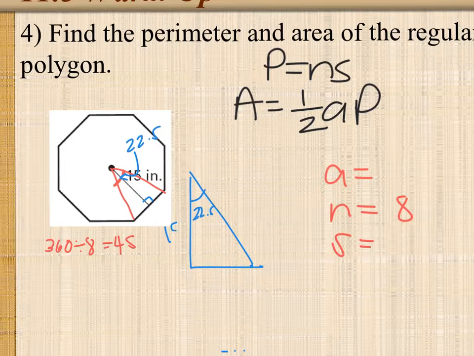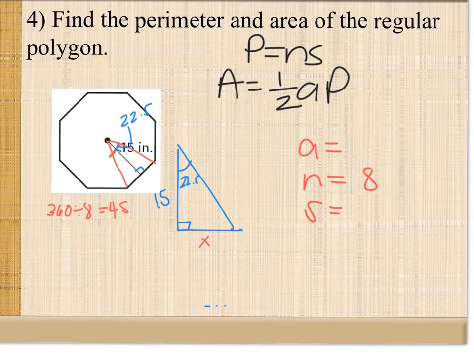The 15 is the apothem. I don't need the radius, but I do need this little side, which will end up being half of my s, right? At the end, I'll double it. So in respect to the 22.5, x has what location? Opposite. And the 15? Adjacent.